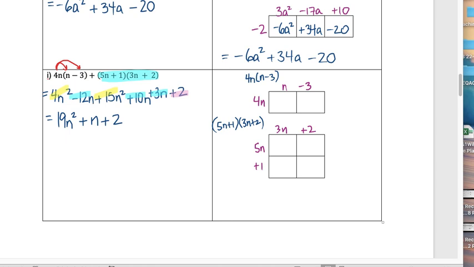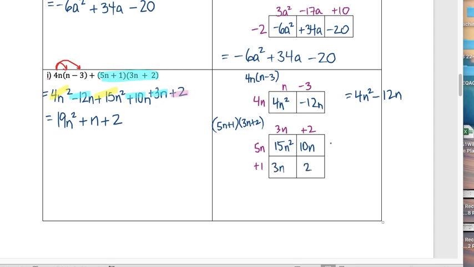Let's calculate away. This becomes 4n squared. We're multiplying into the box, negative 12n, don't forget. I'll take those out, here they are so far. Then multiply into this box: 15n squared, 10n, 3n, and 2.